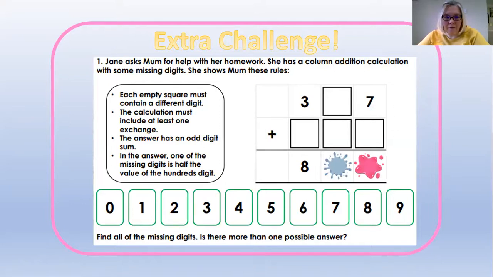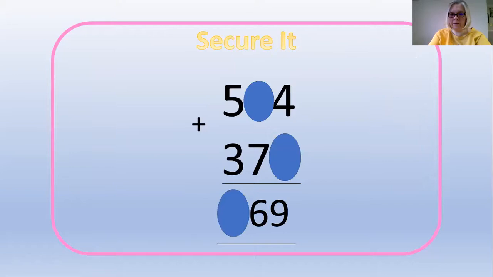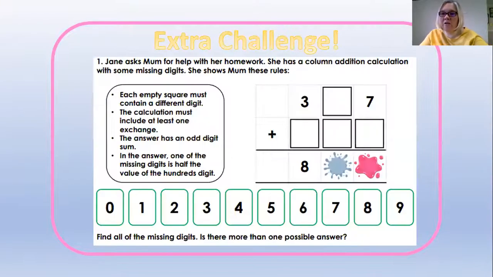Here, Jane asks Mum for help with her homework. She has a column addition calculation with some missing digits, but there are lots of rules. So that is one for you to have a go at today. Okay, that is your secure it, that is your Deepen It, and that is an extra challenge.